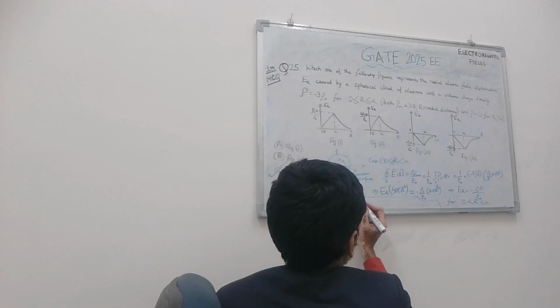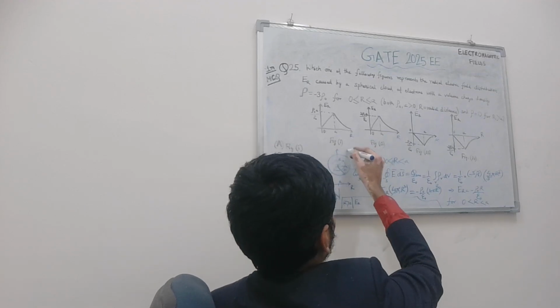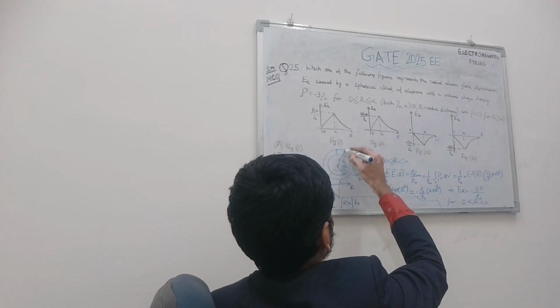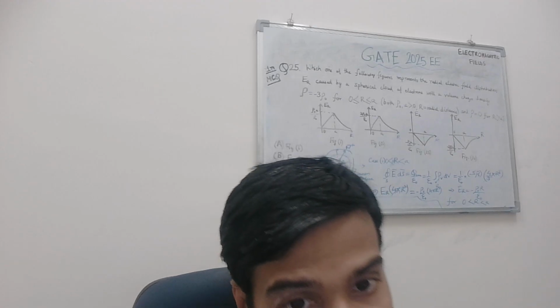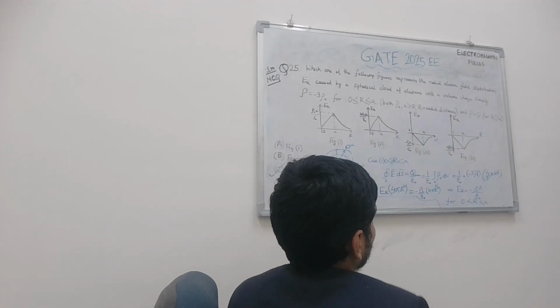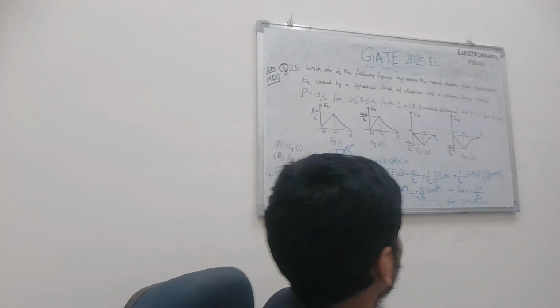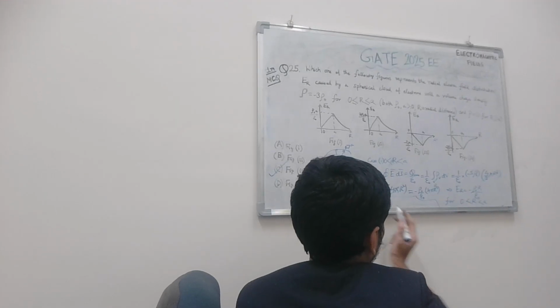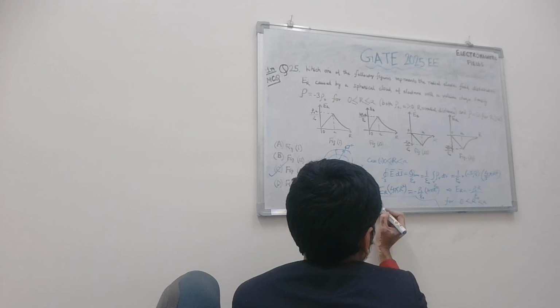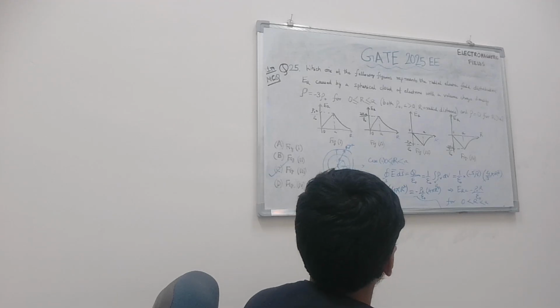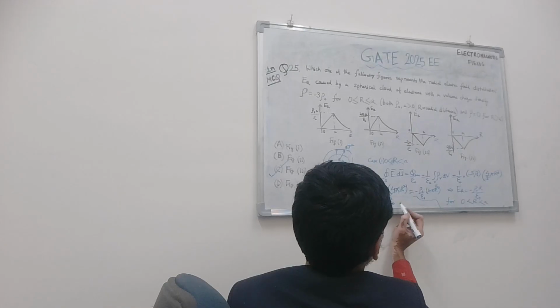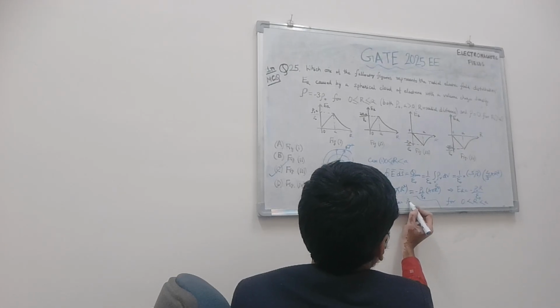For r greater than a, applying Gauss's law, let's take this Gaussian surface r greater than a, so it will be ER into 4 pi r square, that is the surface area of this Gaussian surface, equal to the charge, which will be constant at this value, that is minus rho naught by epsilon naught into 4 pi a cube, replacing r by a. 4 pi gets cancelled and we will be left with ER equal to minus rho naught a cube upon epsilon naught times r square.